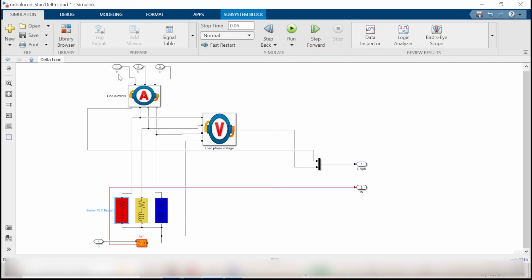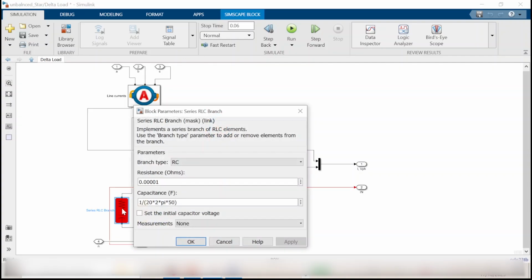For the load, we are going to have three input lines, current measurements. Phase current is the line current in the star connection. And then we are going to have the measurements for phase voltages. And then we are going to adjust the three loads. For phase A, we have a pure capacitance. But we cannot put a pure capacitance in MATLAB because MATLAB does not accept a capacitor connected in parallel to a voltage source. So we are going to choose a very small resistance, as I explained before.